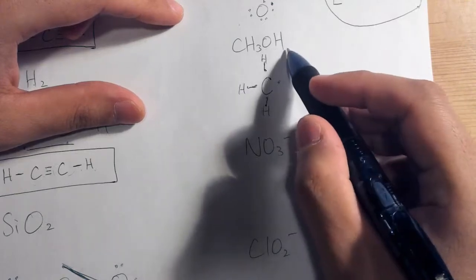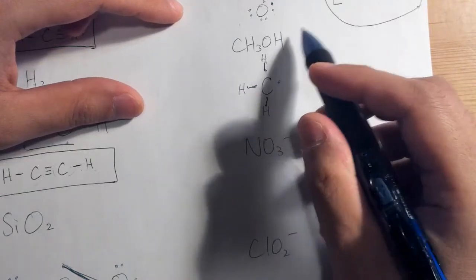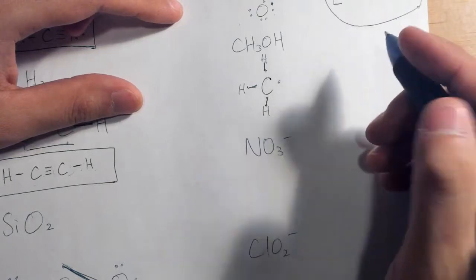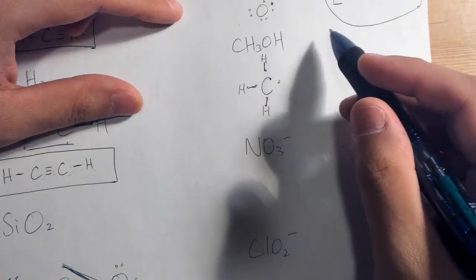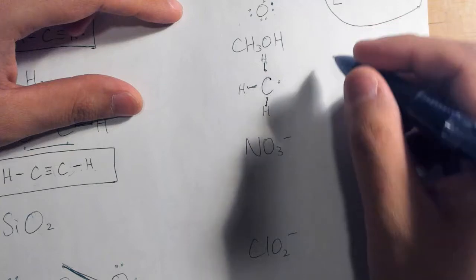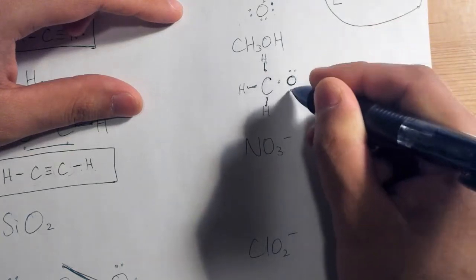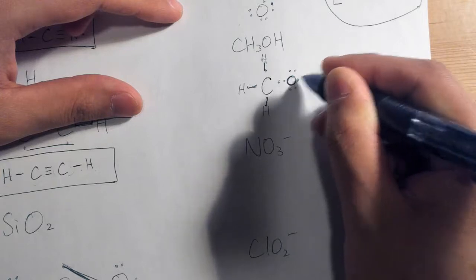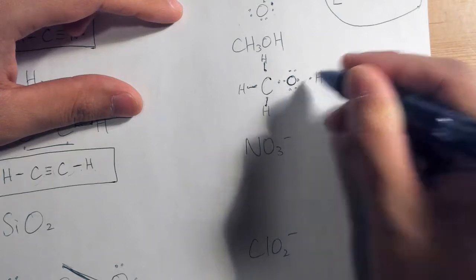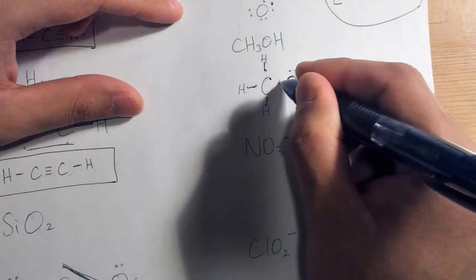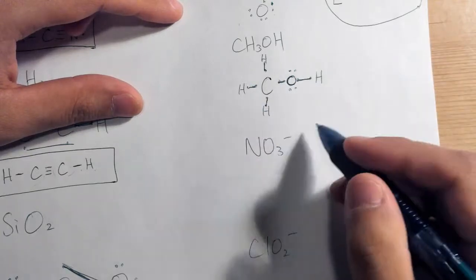Now we have OH, or hydroxide. So if we learned it from the previous unit, hydroxide is OH minus. So if it's OH minus, what I'm going to do is put a hydrogen here, which gives you 6 valence electrons, and then I'm going to put a hydrogen next to the oxygen, right? That connects together with the lone electrons. Alright, so this is it.